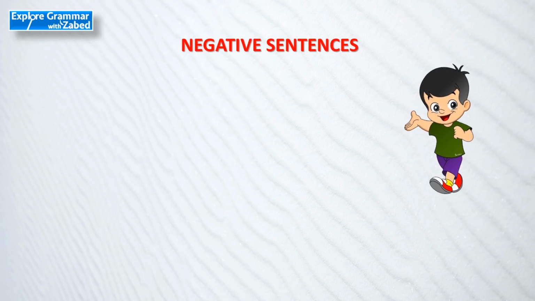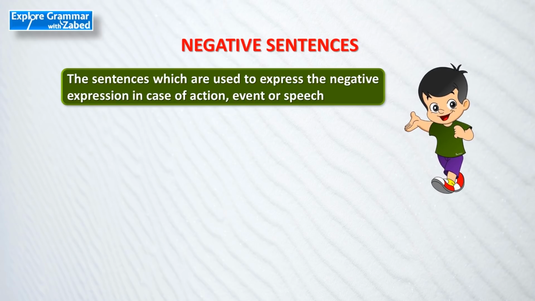By this time, we have already known what are affirmative sentences. So, let us find out what are negative sentences. The sentences which are used to express the negative expression in case of action, event, or speech are known as negative sentences.